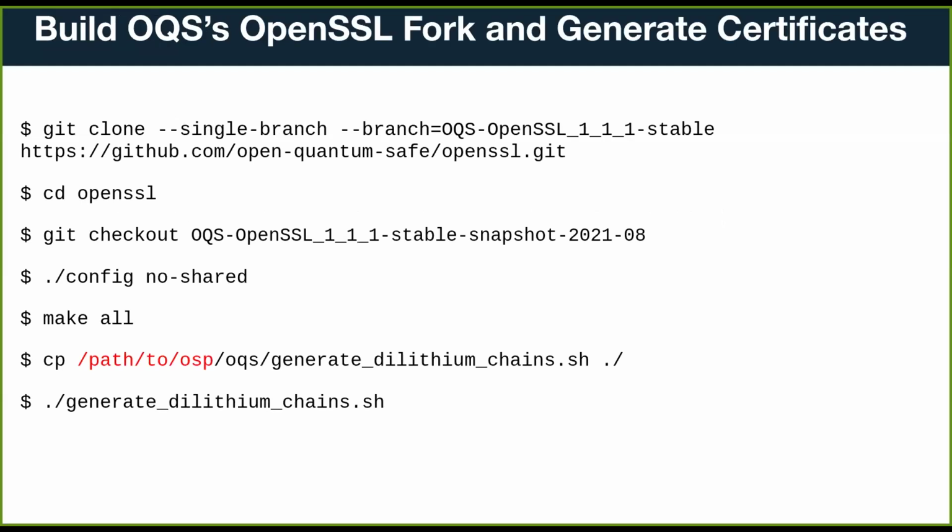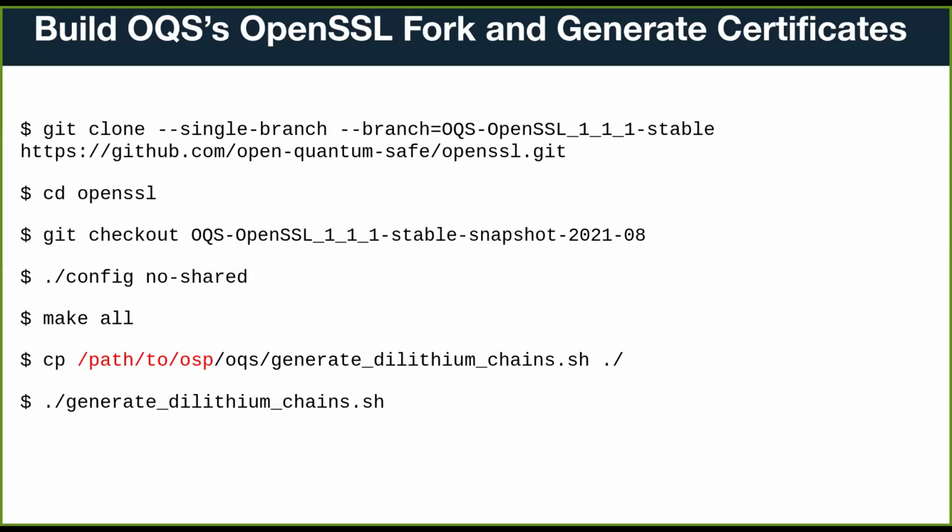When you configure with no-shared, the OpenSSL application gets compiled as a static binary, and so there's less possibility for weird mistakes and weird problems with regards to dynamic linking. Note that in this particular build step, you don't have to install OpenSSL. You can run it in place.